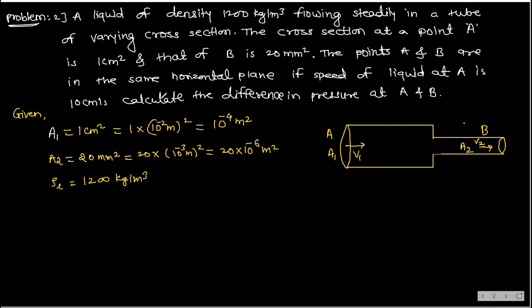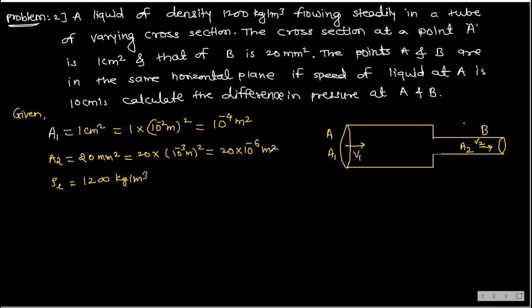Now see, 1 centimeter square is equal to 1 into 10 to the power minus 2 meter whole square, 10 power minus 4 meter square, and this is A2, 20 into 10 to the power minus 3 whole square, 20 into 10 to the power minus 6 meter square.